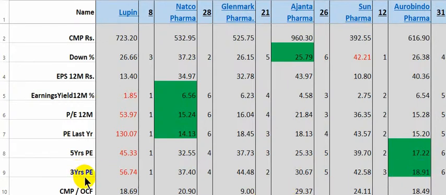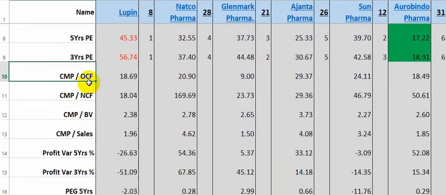Let us look at the price to OCF comparison, that is, the current market price compared to the operating cash flow. This ratio helps us understand where the price is when compared to the cash earnings. Let me explain the difference between earnings and cash earnings.